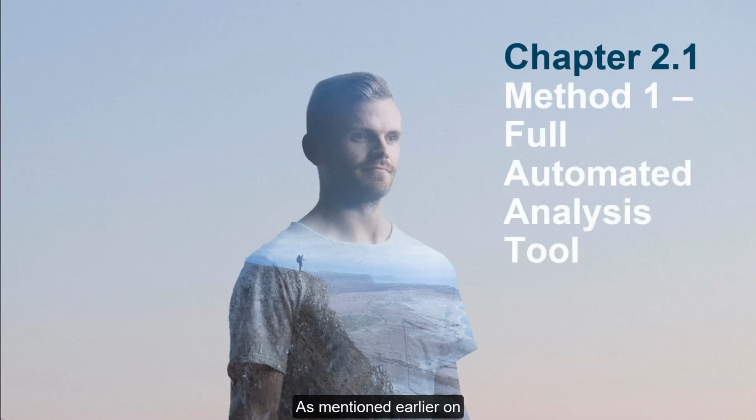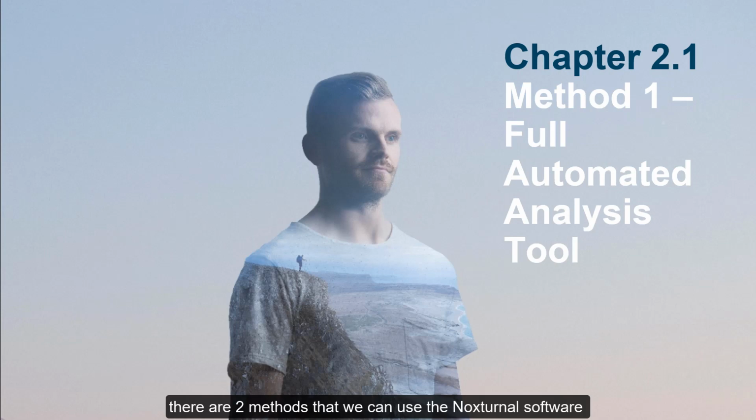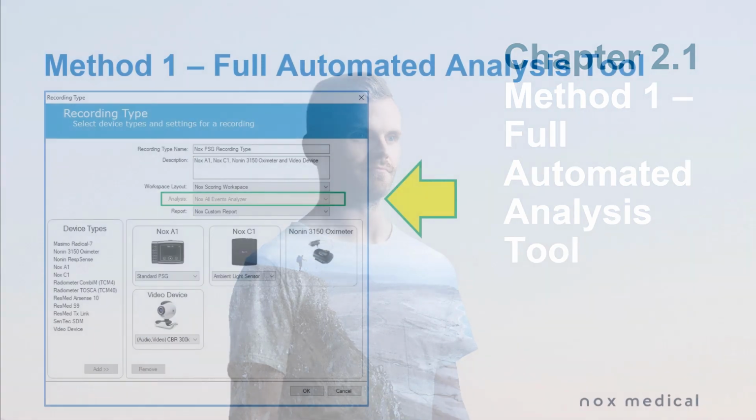As mentioned earlier on, there are two methods that we can use the Noxturnal software to sleep stage and score the studies. So, I will first explain method 1 using the fully automated analysis tool.